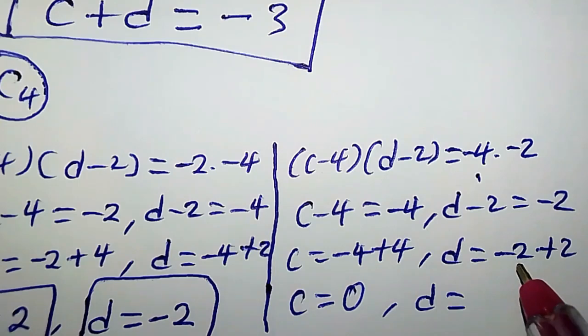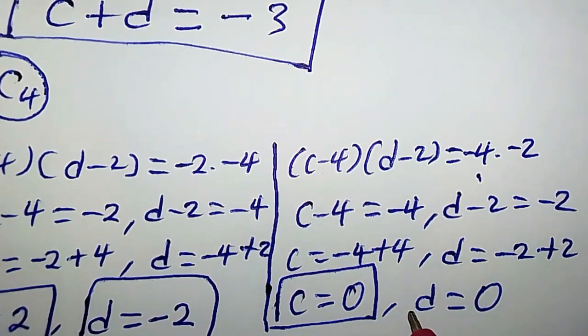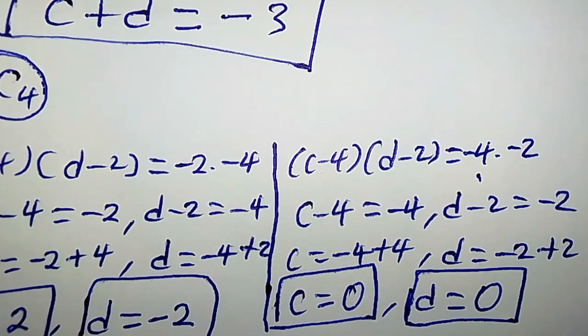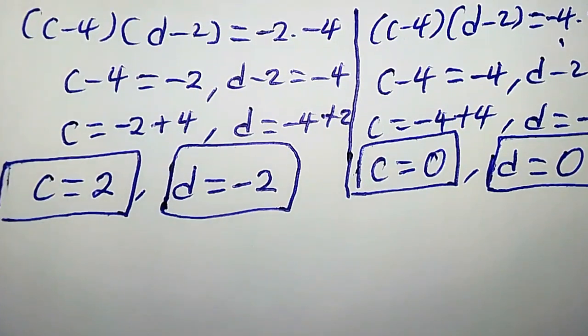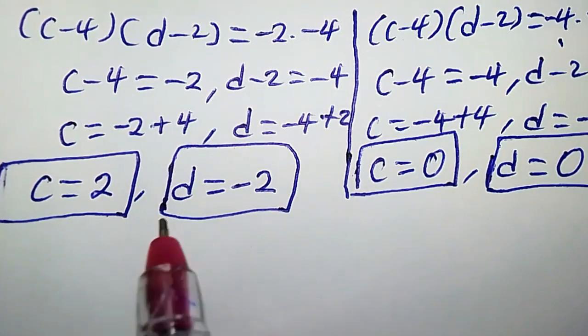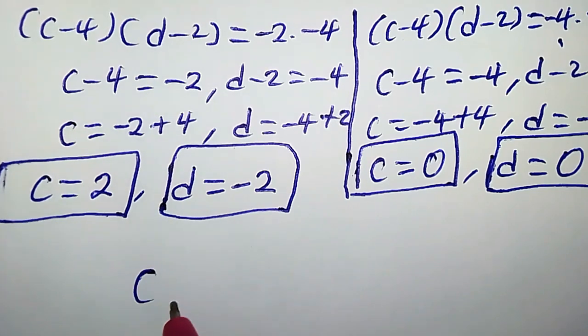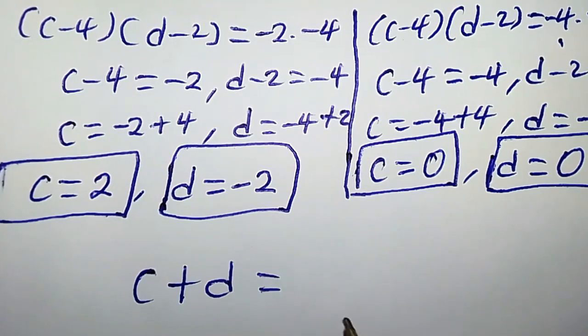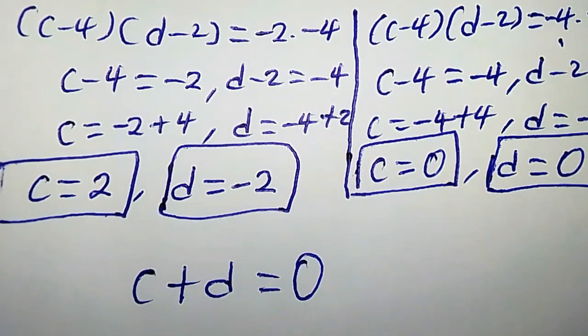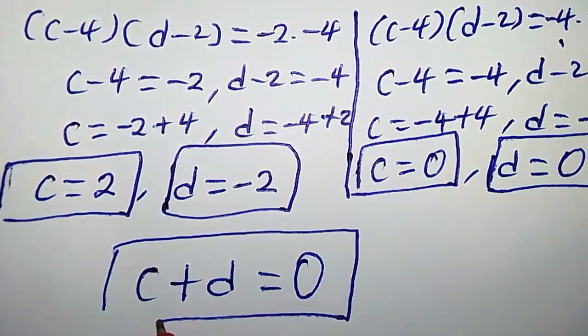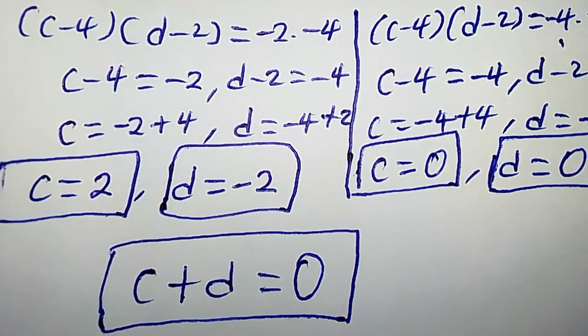D equal to minus 2 plus 2, that is also 0. This is the value of C, and this is the value of D. It is obvious that if we add both values of C and D, C plus D is equal to 0. This is the value of C plus D for the fourth case.